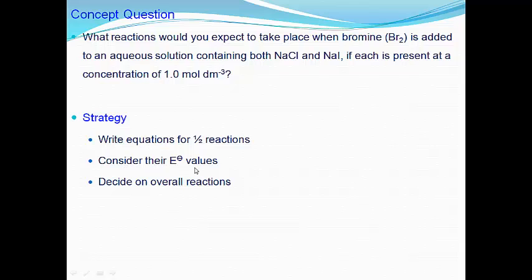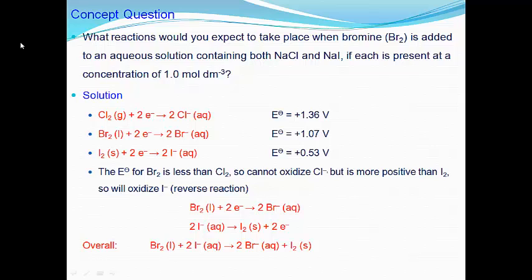Then we need to consider their E0 values by looking at the electrochemical series, and from the combination of the E0 values, decide on the overall reactions. So here we have the half reactions: chlorine being reduced to chloride, bromine being reduced to bromide, iodine being reduced to iodide, and the E0 values are respectively shown.